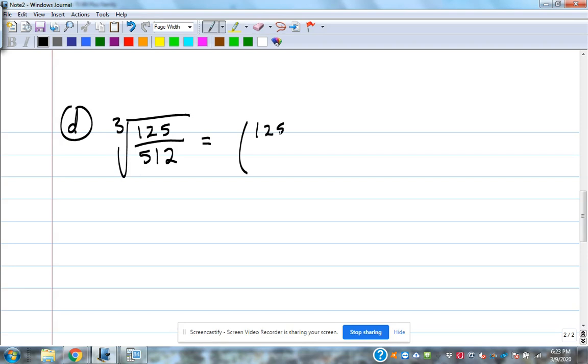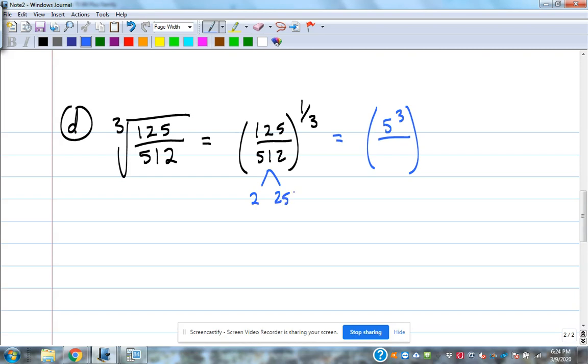I'm going to rewrite it as a rational exponent, and then I'm going to break down those numbers. We've done 125 several times already this evening, so we should know that it is what? Yeah, 5 to the third. 512 we haven't done as much with, so let's break it down a little bit.